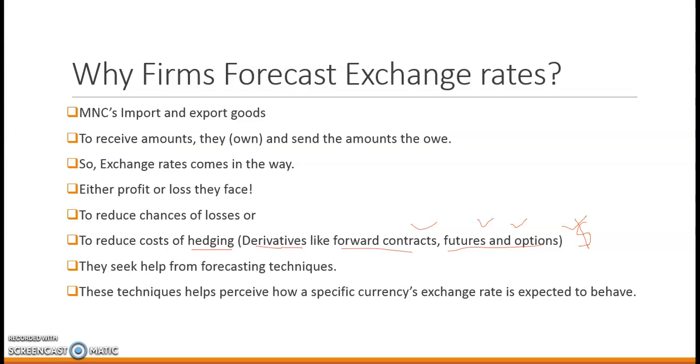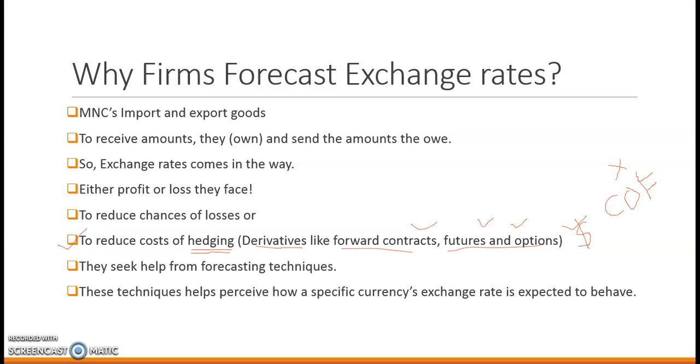And if any firm relies heavily on hedging their risks, they already have a lot of cash outflows, which is not a good sign for the firm, because if there are a lot of cash outflows, ultimately the firm is going to bear a loss.